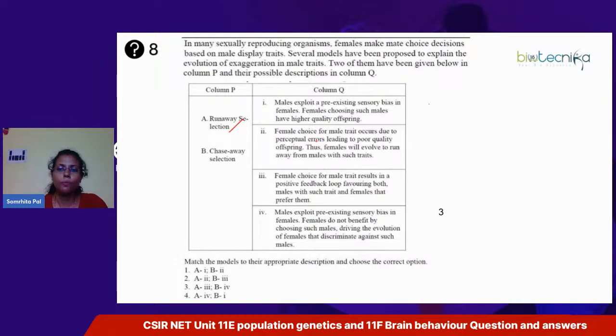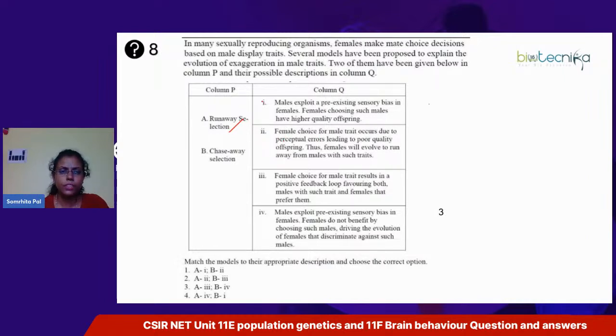So if you are arising with a trait and you see that it is getting preferred, then you keep that trait. The more preference you get for the trait, the more evolved the trait will become. So there is a positive correlation between these two. That is why this is known as runaway selection.